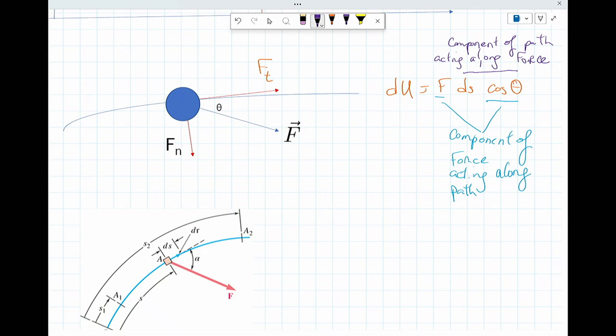Now, work is just force times the distance, so I can integrate over the entire path, from point 1 to point 2 along the path.